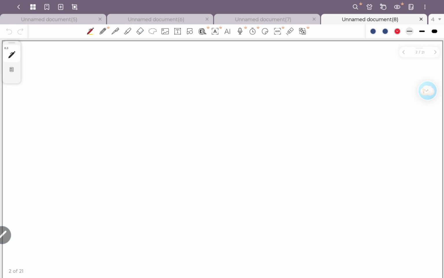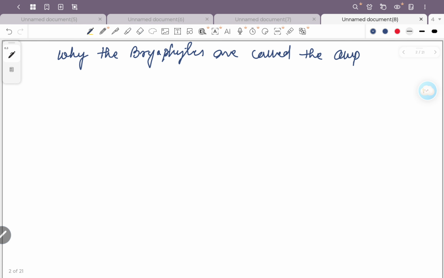Now there is a question which is a very common question in your exam. Why are the bryophytes called the amphibians of plant kingdom?